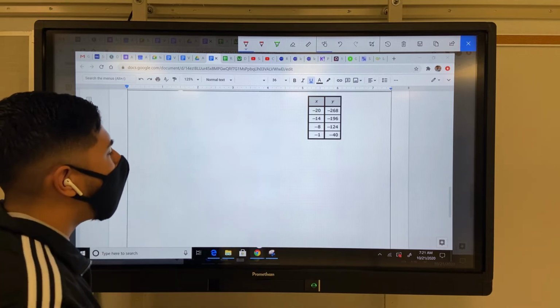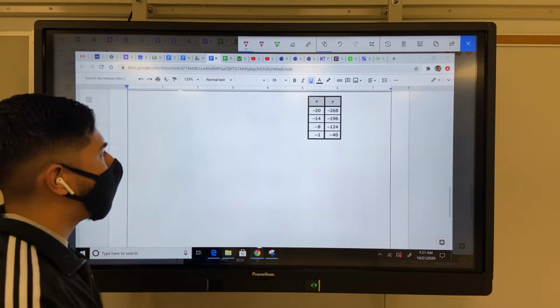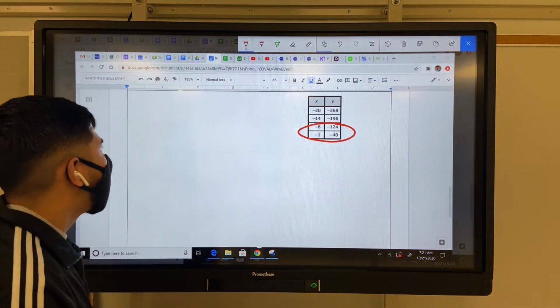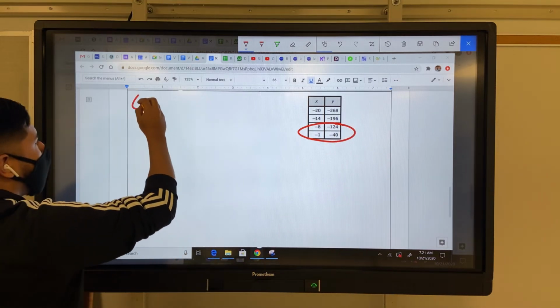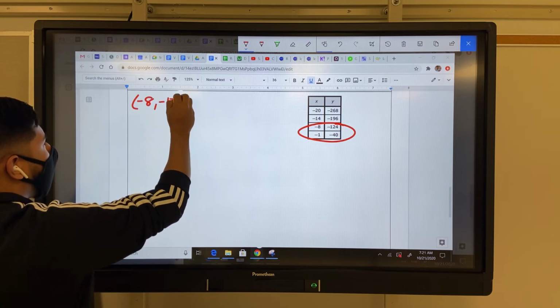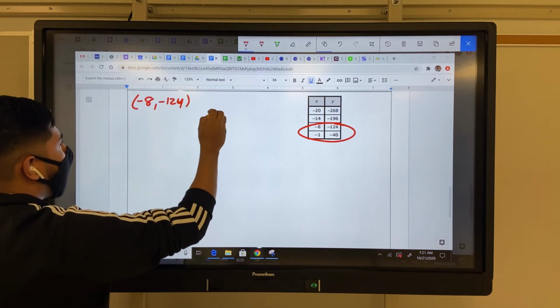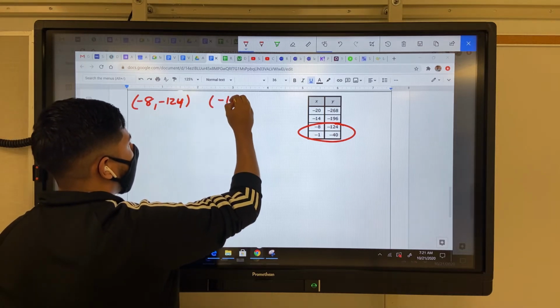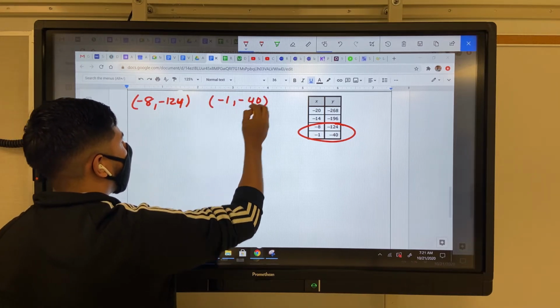Looking at this, there's a whole bunch of negatives. I'm going to choose the smallest ones because I'm scared. I'm going to use these. Boom. 2 points. -8, -124. It's our first negative problem, so pay very close attention. And then we got -1, -40.